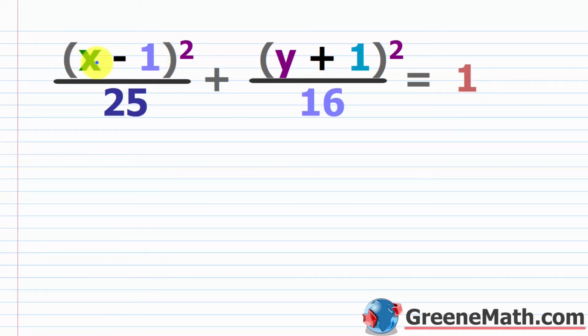Because everything's wrapped in parentheses here, you think about things as the opposite of what you would. So this is -1 with x, and with x you're thinking horizontally. Because it's wrapped in parentheses, you think about the opposite effect. If it's -1, I want to think about it shifting to the right one. So I'm going to say this shifts right 1 unit.